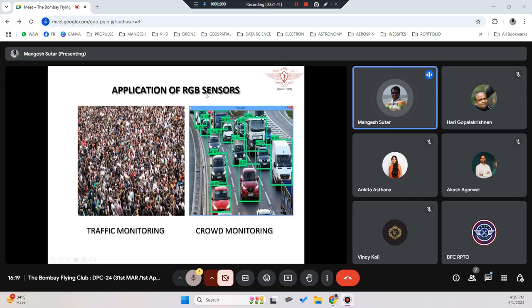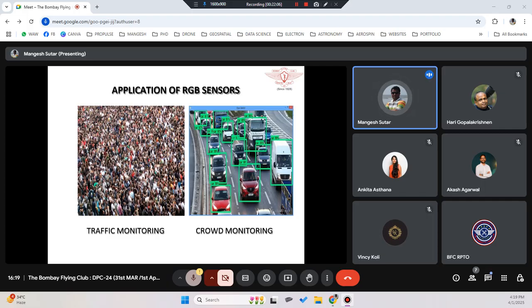Okay, so the application of RGB sensors where we saw this: traffic monitoring, like recently in our Kumbh Mela. During Kumbh Mela in Prayagraj, IG Drones was the company given a contract by the government of India to monitor the crowd. They used to fly the drones on a regular basis and capture the data.